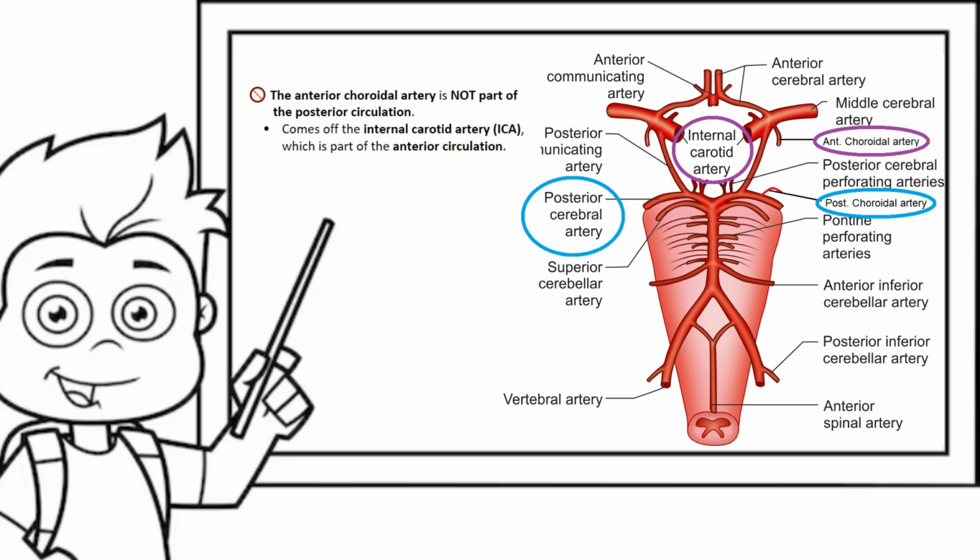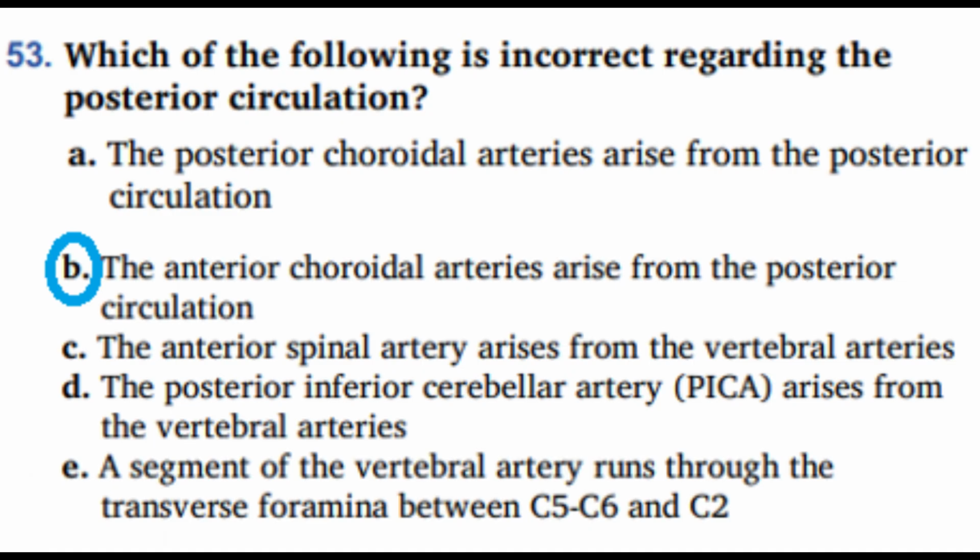Whereas a problem in the anterior choroidal artery could lead to weakness, vision loss, and sensory changes, since it supplies parts of the internal capsule and the optic tract. So, what's the takeaway? The anterior choroidal artery may sound like it's from the back or like it's related to the posterior choroidal artery, but it's not. It belongs to the anterior circulation, and that makes option B the correct answer in this case.